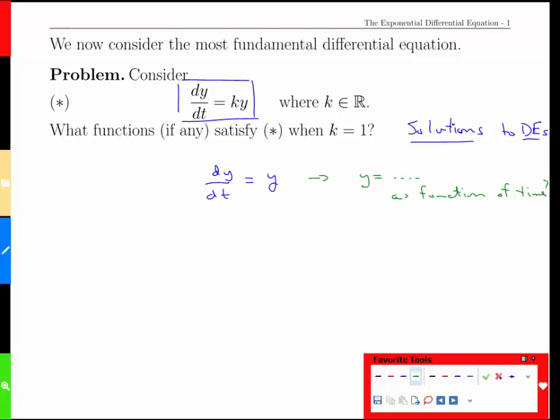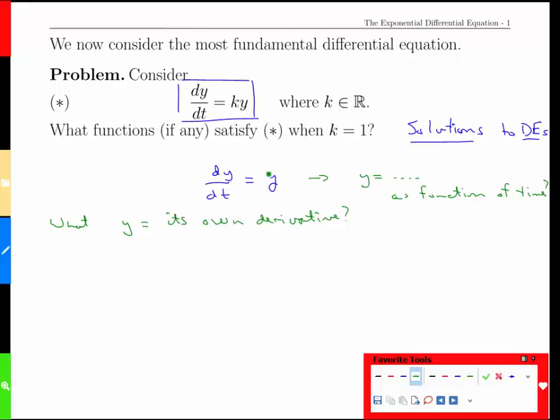But what we can do is use our intuition and ask what y is equal to its own derivative. That's what we have here. y is equal to its own derivative with respect to time.